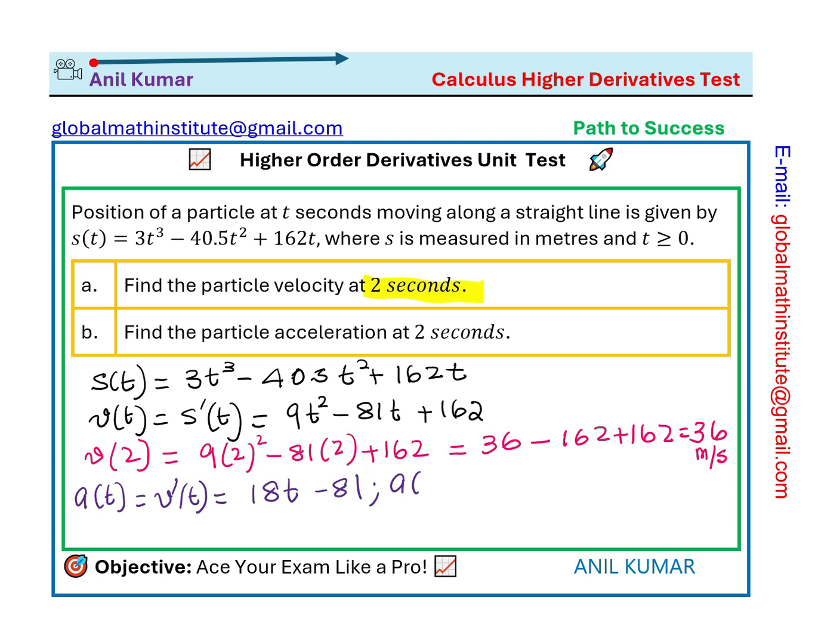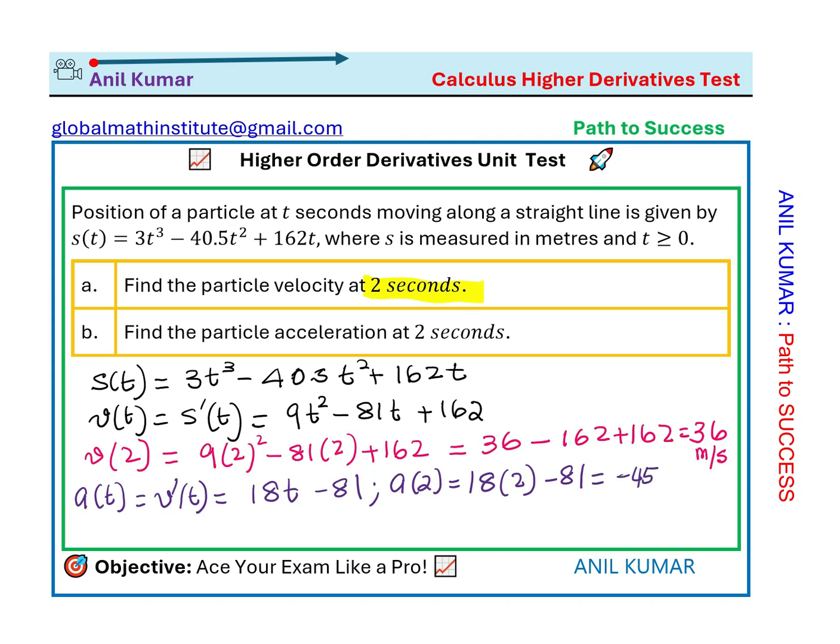So we'll just substitute 2 for t as we did for velocity. So we have 18 times 2 minus 81. 18 times 2 is 36, and when you take away 81, you get negative 45. And the units will be meters per second squared.